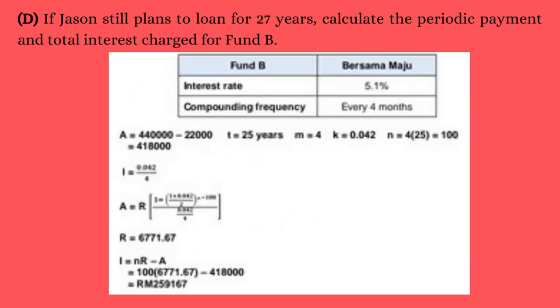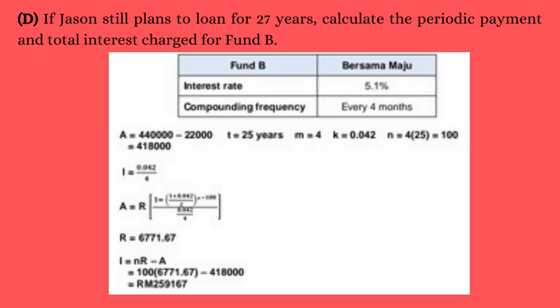Question 1D. If Jacyln still plans to loan for 27 years, calculate the periodic payment and total interest charged for Fund B. 440,000 minus 22,000 equal is 418,000.